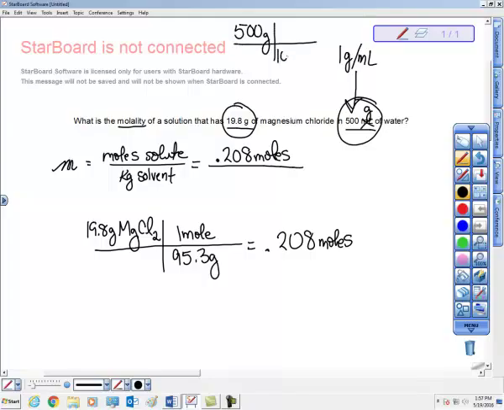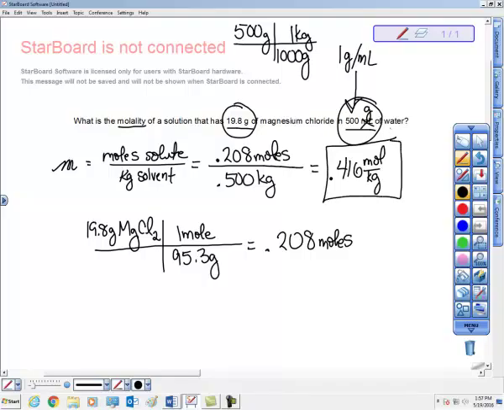There are 1,000 grams in a kilogram, which just means that you need to move the decimal 3 times to the left. So 0.208 divided by 0.500. I got 0.416, and this would be moles per kilogram. Final answer. Molality.